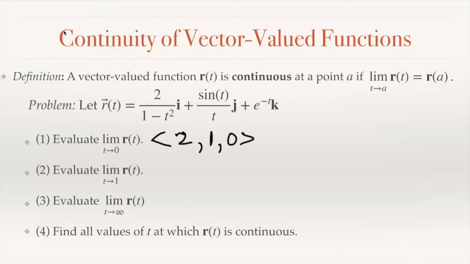Again, just plugging in. Okay. As t approaches 1, then we have 2 over 1 minus 1 squared. That's 2 over 0. That'll necessarily go to infinity. Who cares about the rest now? This is undefined.